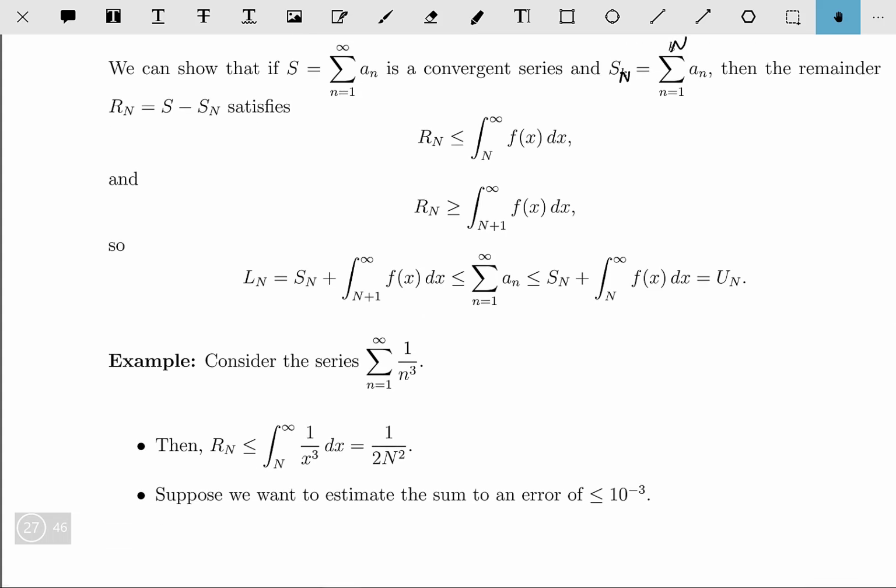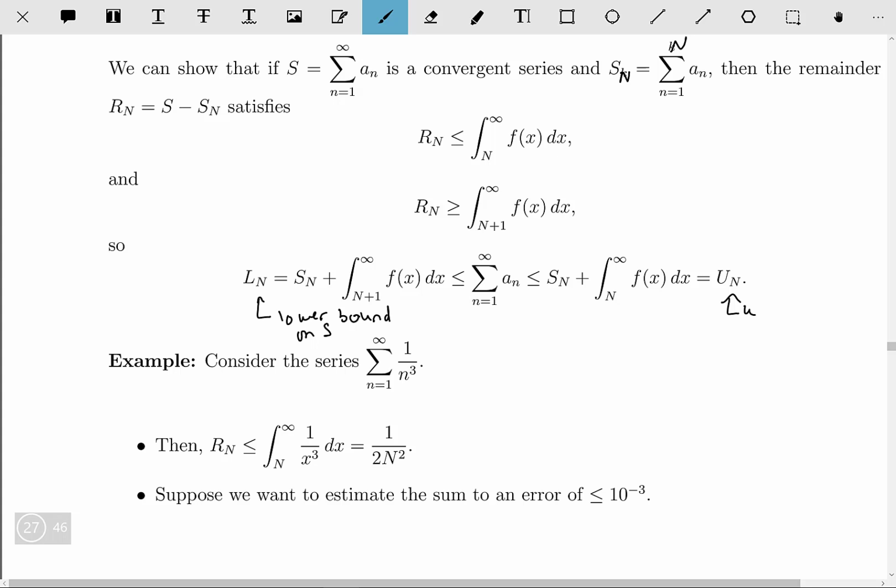So we can write this really unpleasant looking inequality. What you want to think about is that this is the lower bound on the actual sum, which we denoted as S, and this is an upper bound on the actual value of the series.